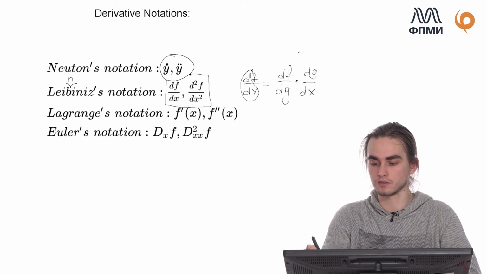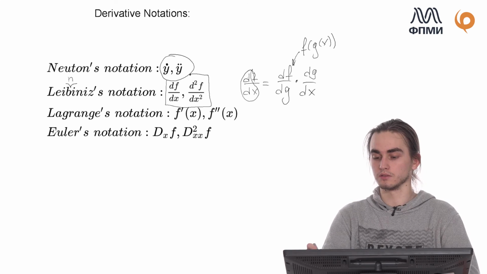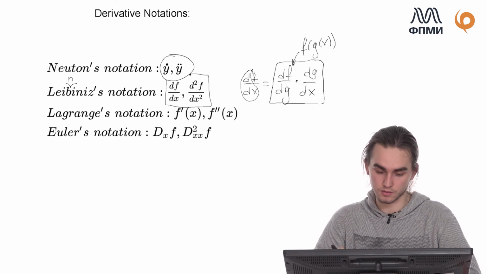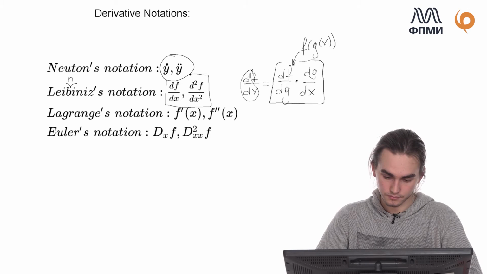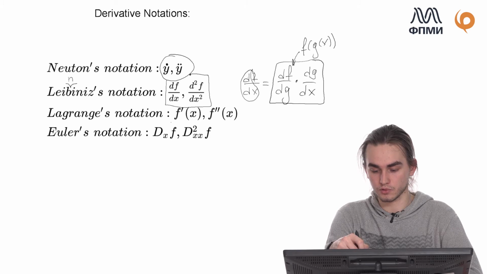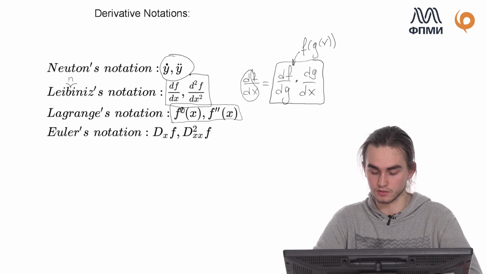So you can represent f as a function of g, of a function of x, and chain rule becomes more beautiful in these notations.